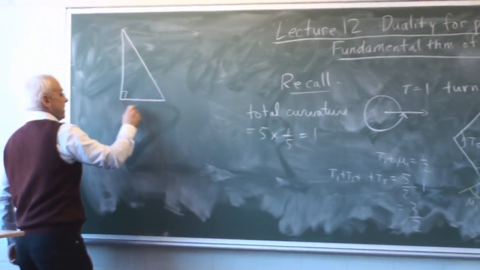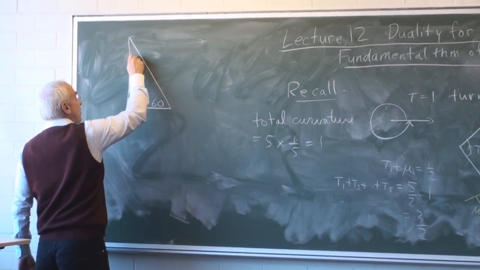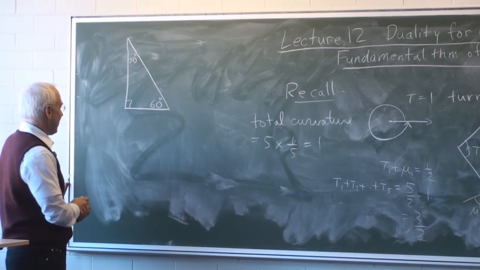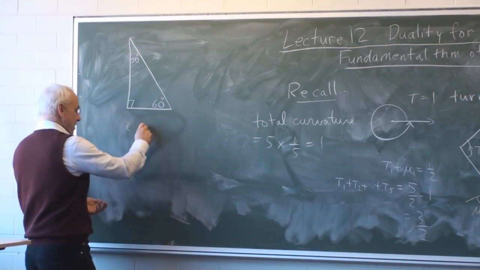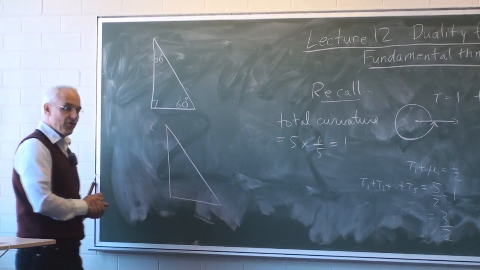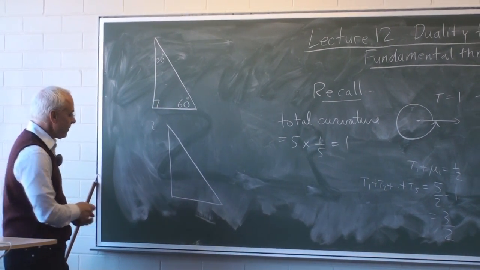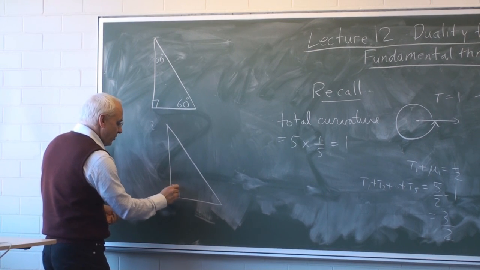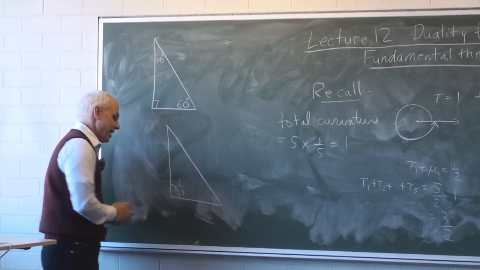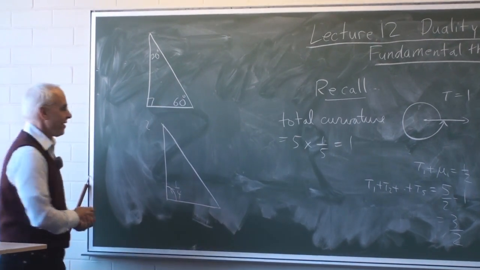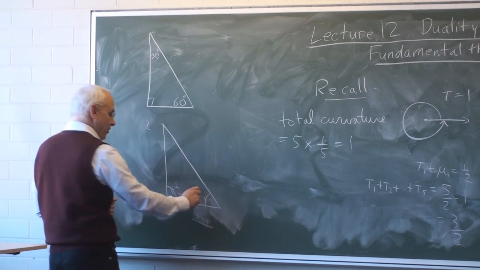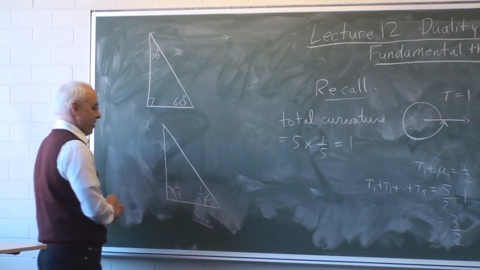So for example, if we take a 90-60-30 triangle, a very familiar triangle to all students, how would we describe that in terms of turn angles? Well, 90 degrees is, as we saw last time, a turn angle of 1/4. 60 degrees is 1/6 of the way around the circle, so it's 1/6.